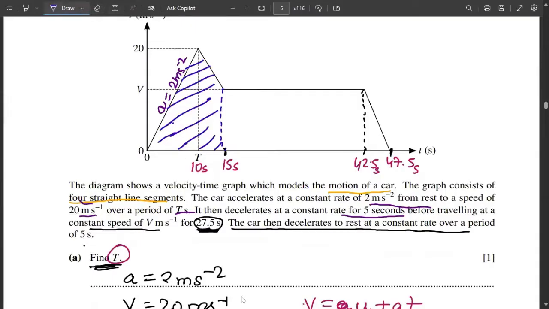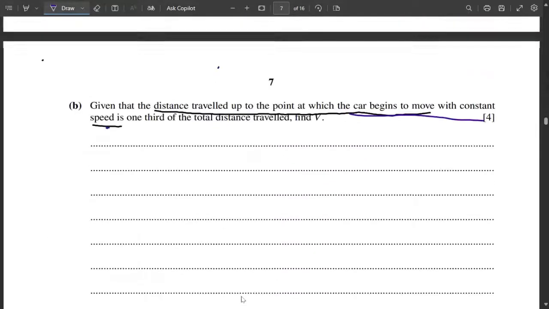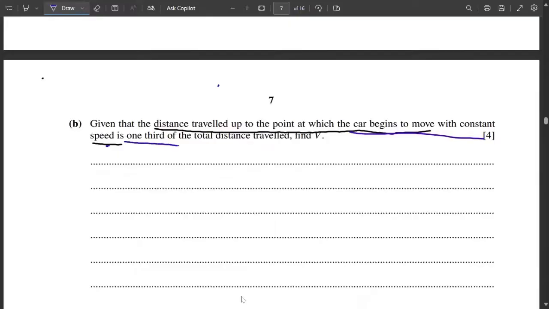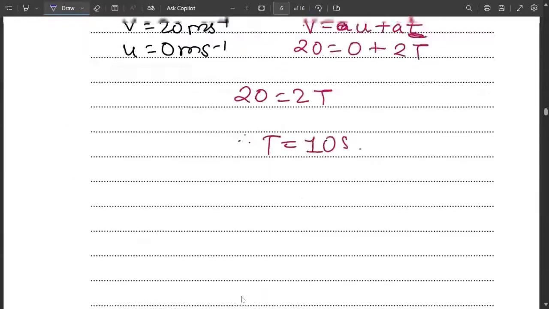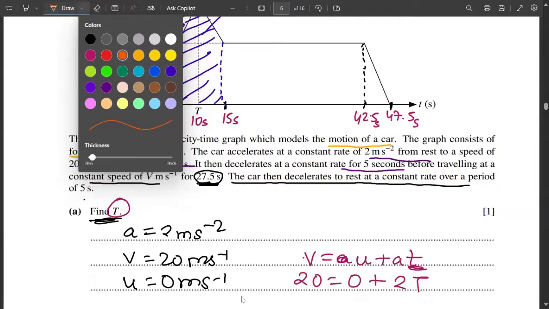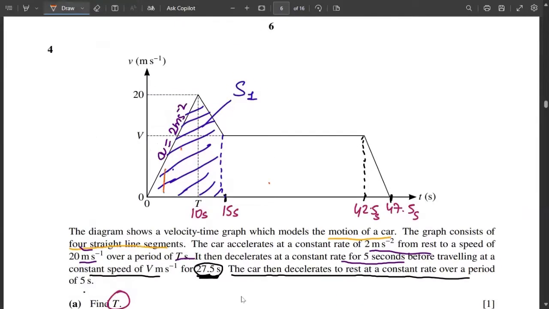So let this be S1, and by S, I mean distance, is one third of the total distance traveled. Okay. So the entire distance traveled, let me label it with an orange one, will be S2.